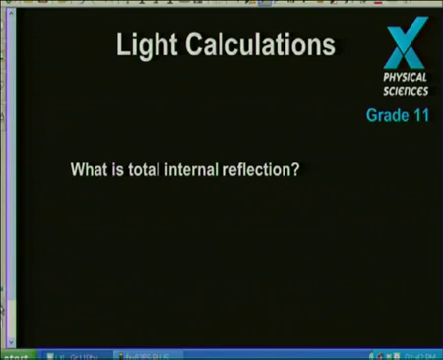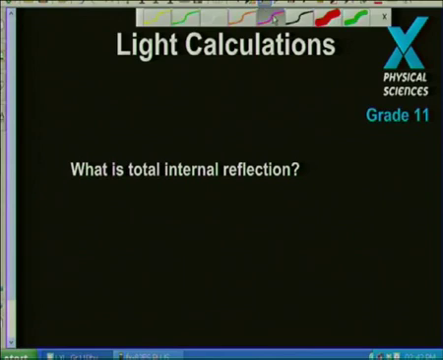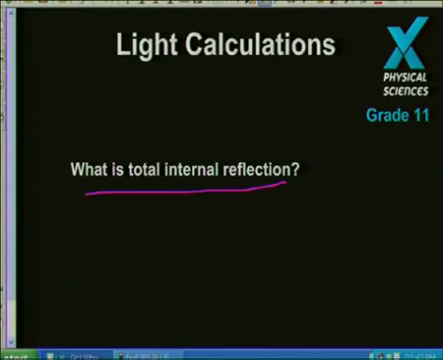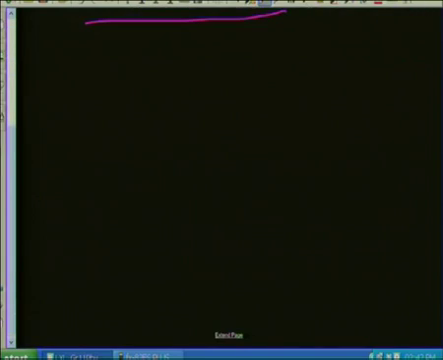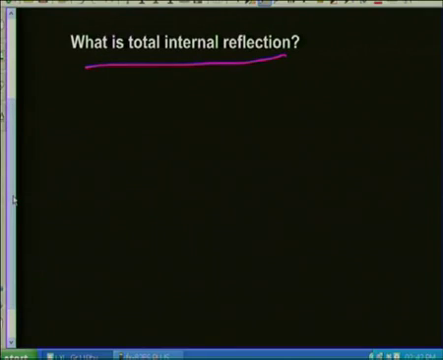And I want to remind you that this is what happens, just like we've just calculated, where something is moving from an optically dense medium to an optically less dense medium. And the process is called internal reflection. So what is internal reflection? The first thing we need to recognize is that we need some conditions.